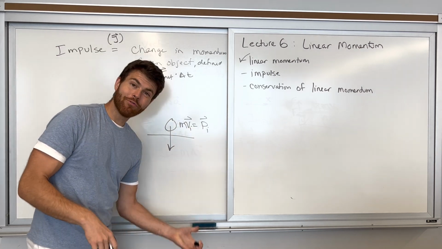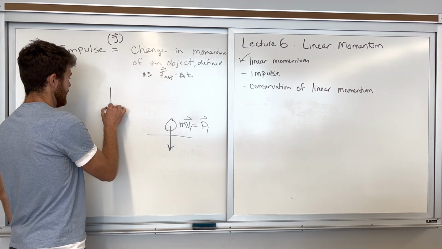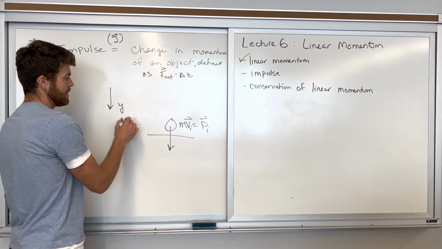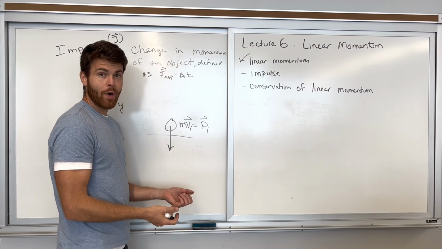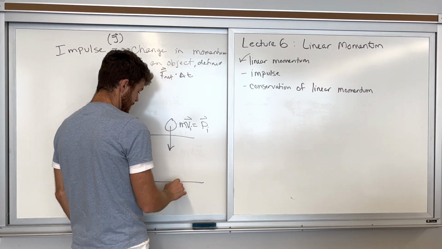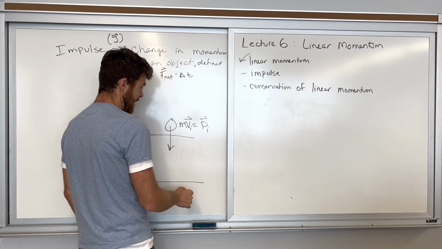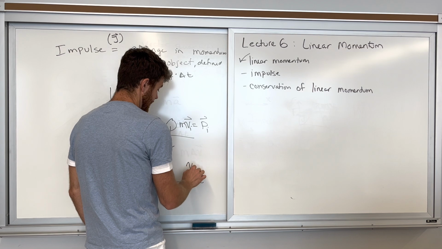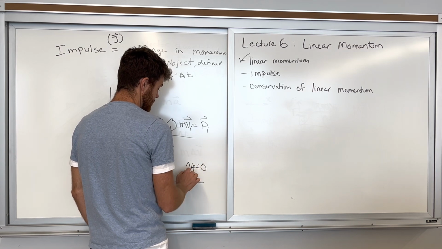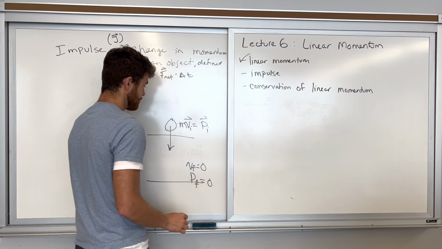Whenever that egg hits the ground, it comes to a rest. Let's say downward is the positive y direction. Once it hits the ground, it comes to rest, v final is equal to 0, so the final momentum is equal to 0.